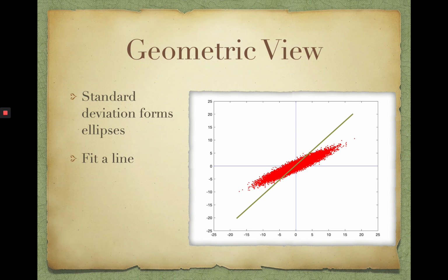If the mean had a positive shift in y and a negative shift in x, that whole thing would just be moved up into the second quadrant. That line would not be able to go through the main axis of my ellipse, which is what I really want.